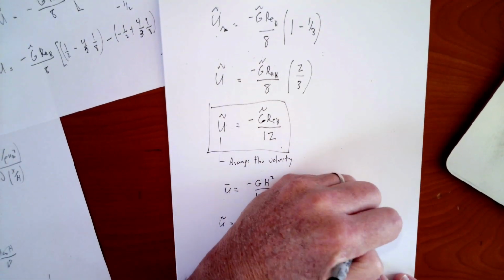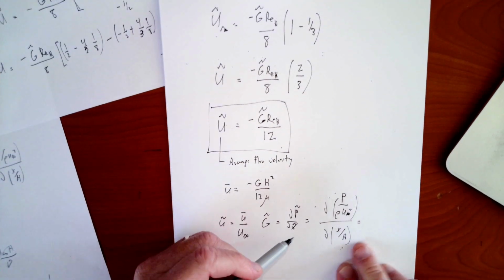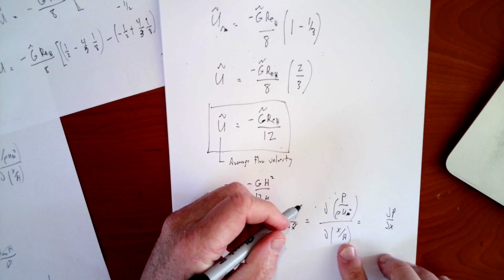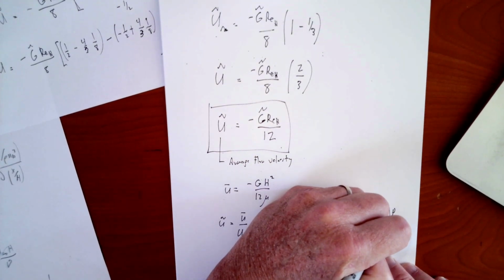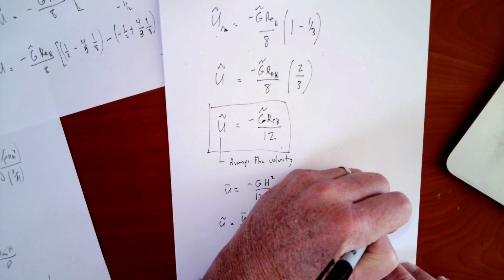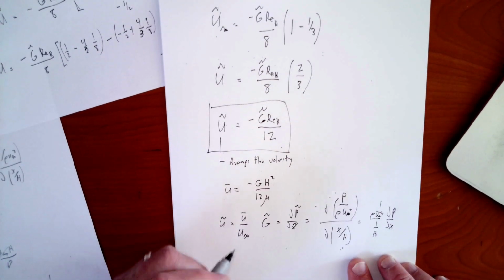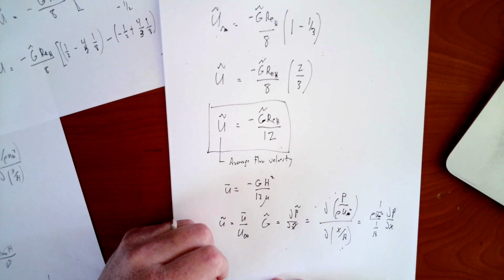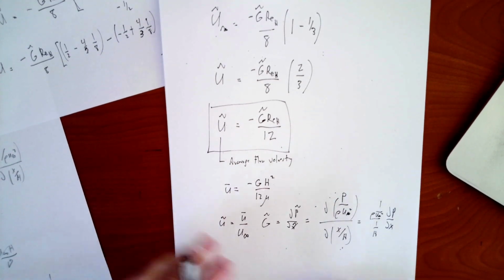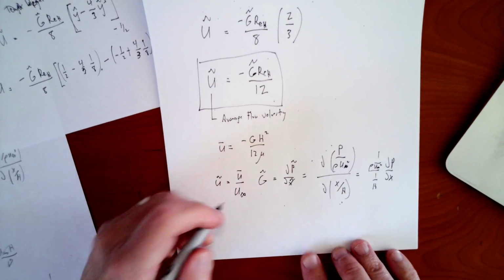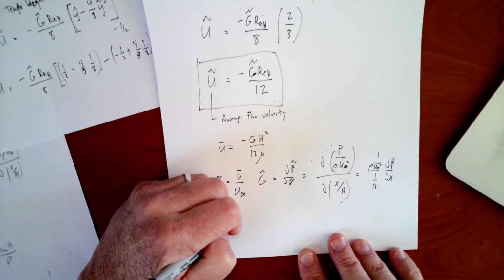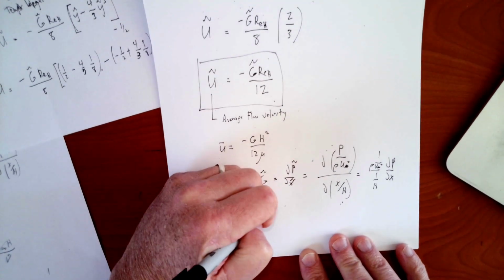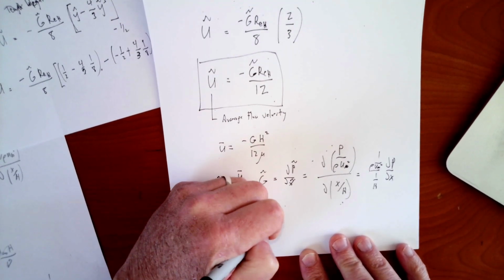If I pull those constants out, I have dp dx, which are the variables, and then the constants that come out are 1 over h and 1 over rho u infinity squared. Obviously, they're both in denominators, so they're going to pop and flip. So the dimensionless pressure gradient is equal to dp dx times h divided by rho u infinity squared.